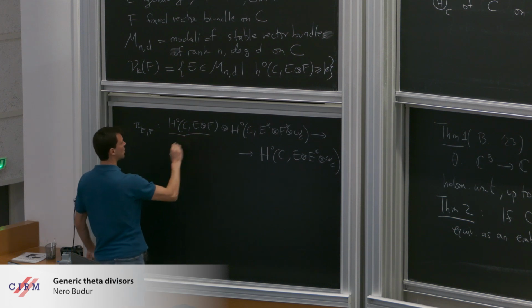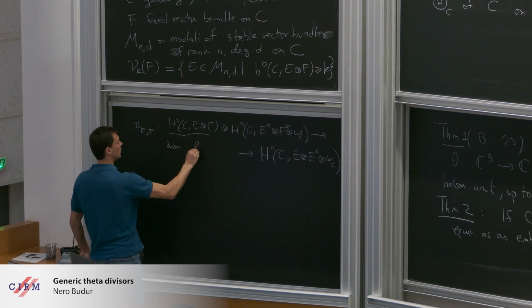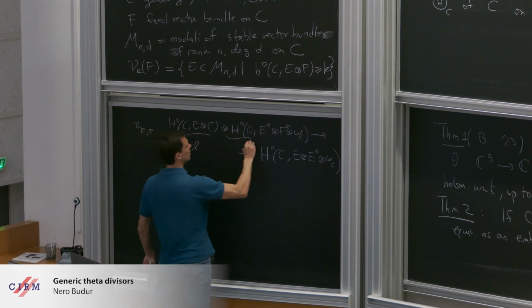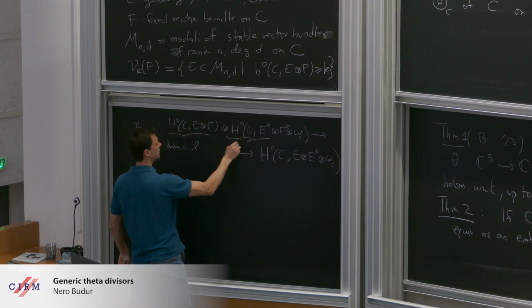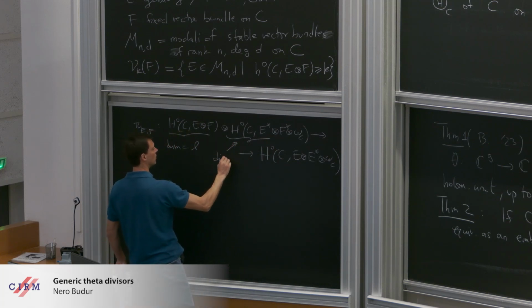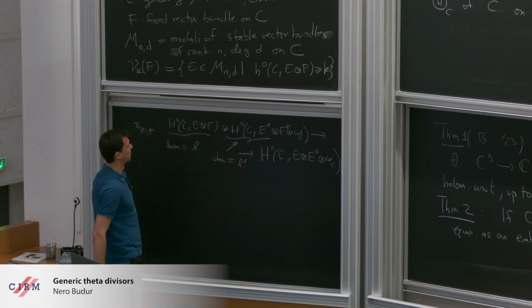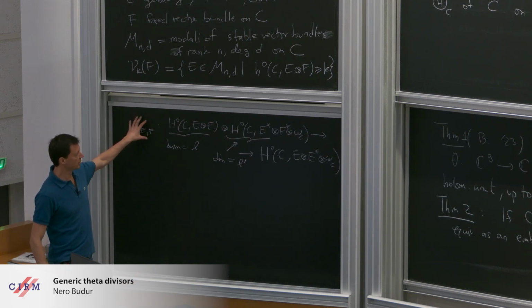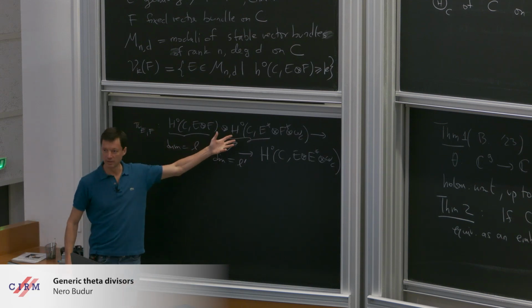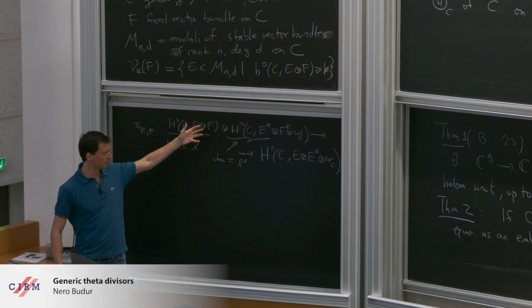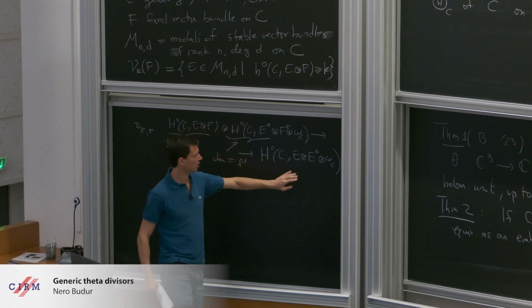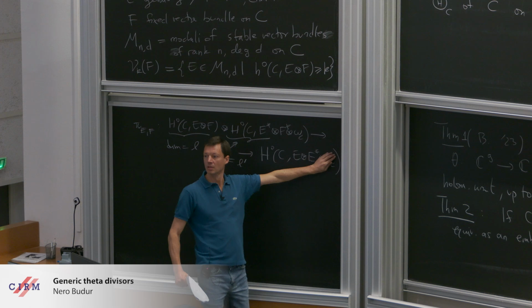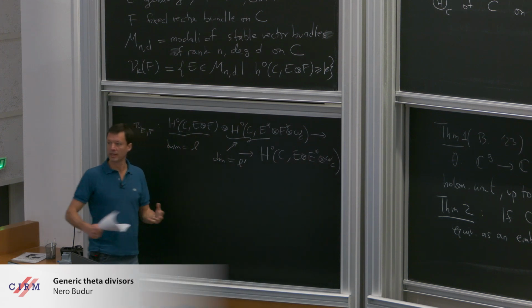Let me denote the dimension here by l and the dimension here by l'. Again, if this is injective, then the associated map of linear forms on H^1 is a generic matrix.